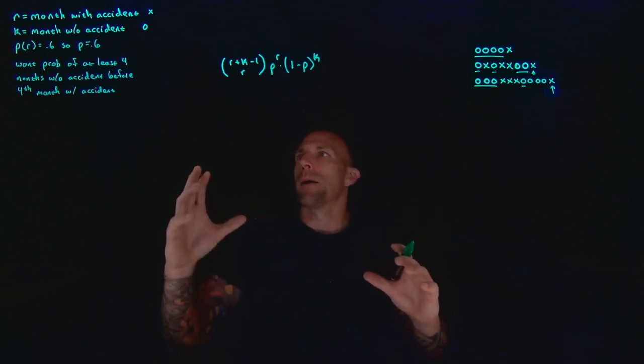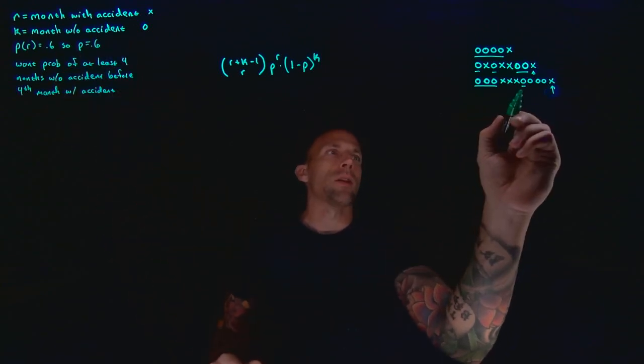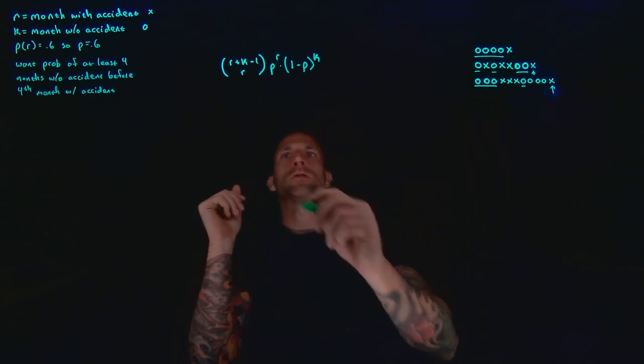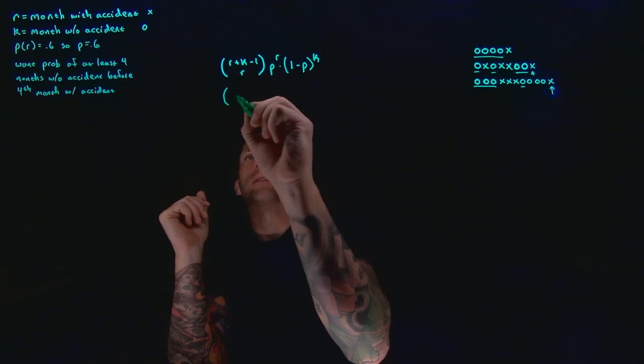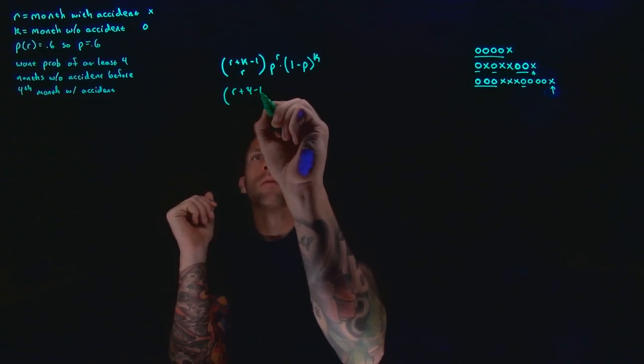For the K months without an accident, we have to have at least 4 months without an accident first. So that K is actually constant. It is constantly 4.